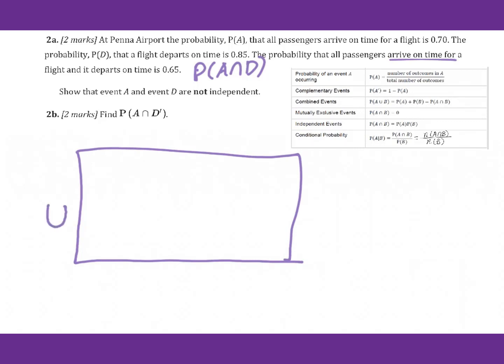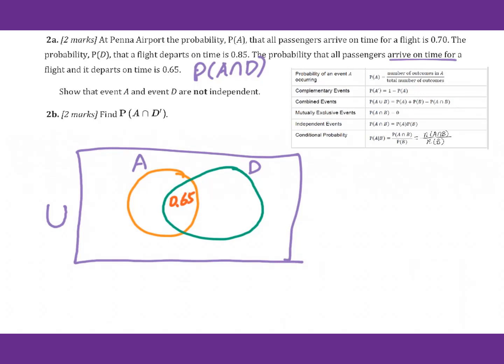Universal set. Then we have, here's A, and here's D. According to given information, this part is 0.65.